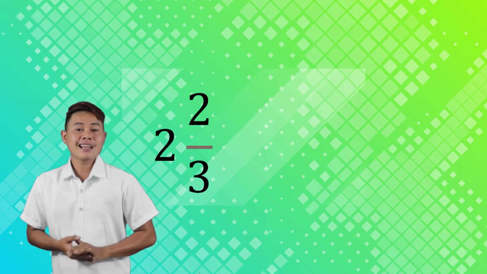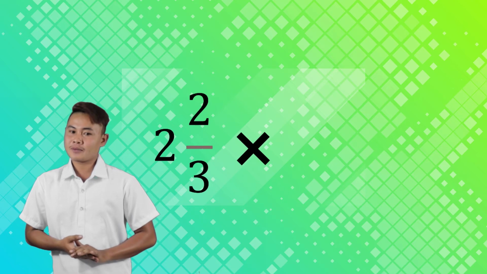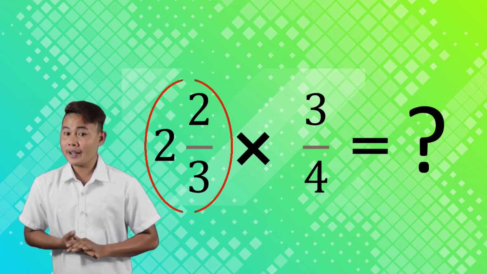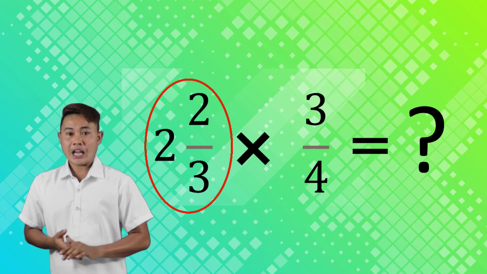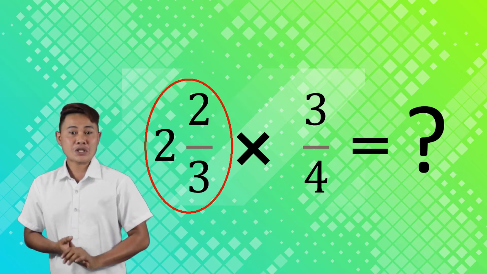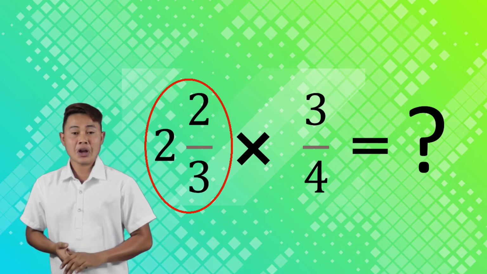Now, let us try these examples. 2 and 2/3 times 3/4. To multiply this one, we need to convert this mixed number into improper fraction.